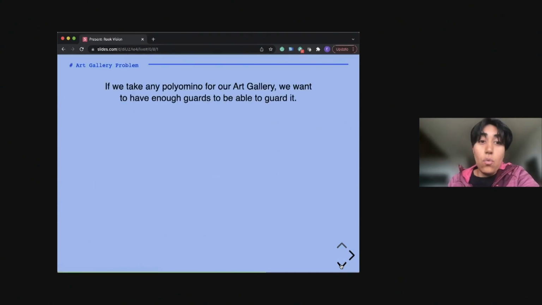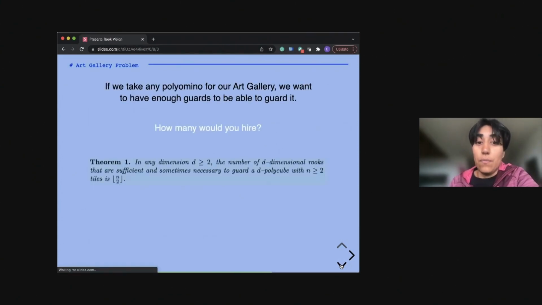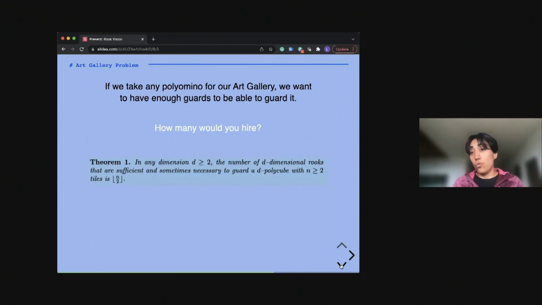Okay, so what are the results? Imagine that you're working in an art gallery, and you have to hire enough guards to be able to guard it. How many will you hire?